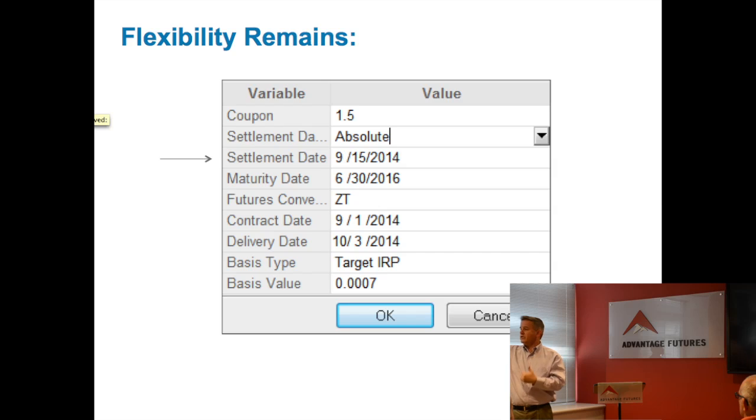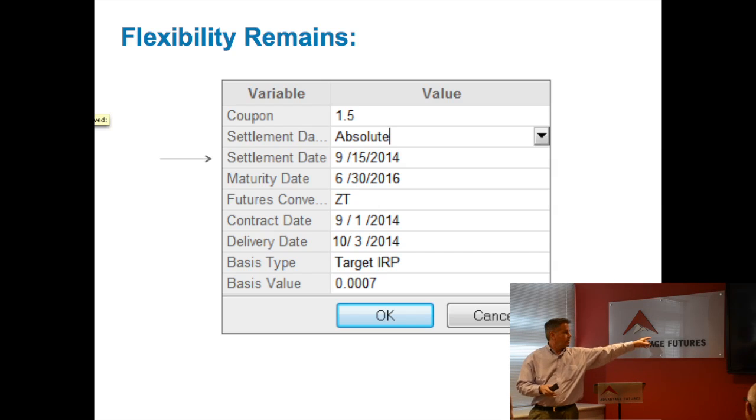Not from today to October 3rd, but from September 15th to October 3rd. That makes that target IRP true. Add that to the converted futures price. So you are trading a September 15th start for your 2-year contract as far as the cash equivalent.